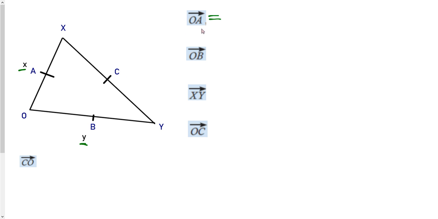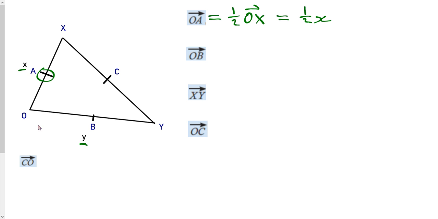We've already been told in the question that these guys here are our midpoints. So this is the exact middle between O and X. So vector OA is actually just half of vector OX. Now, OX, as we know from before, is just represented by x, so that's the same thing as saying half x.